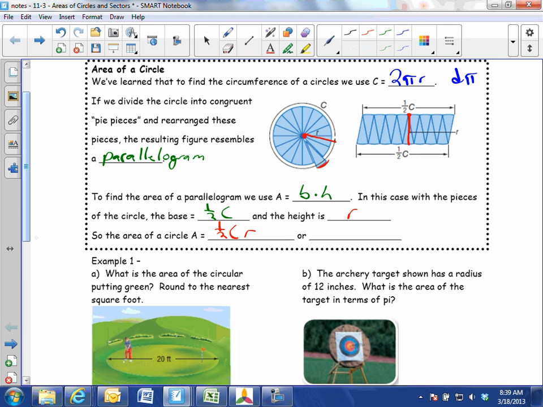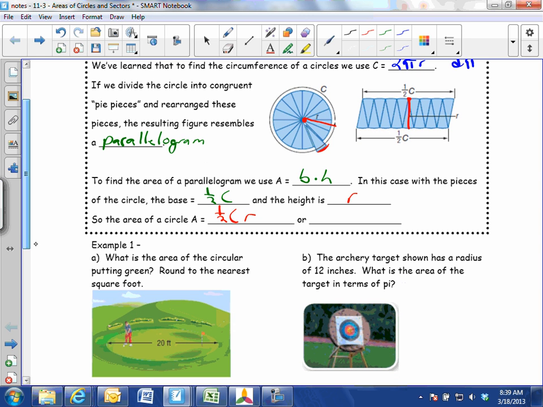How can I rearrange and rewrite circumference? We can use 2 pi r. That would be our circumference, right? So I would have one half times 2 pi r times r, because I'm just rearranging, putting in 2 pi r for circumference.